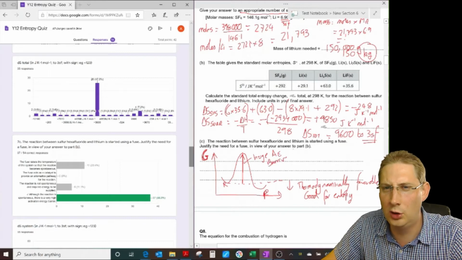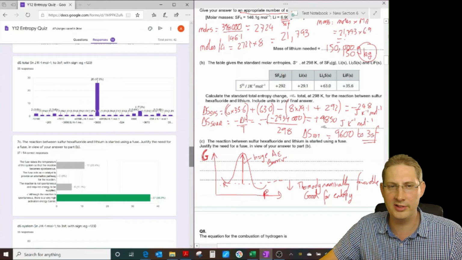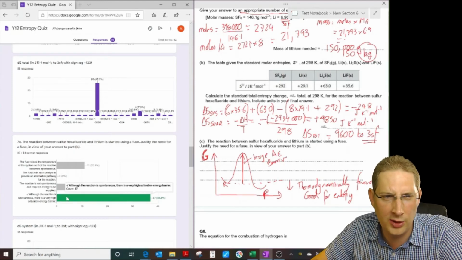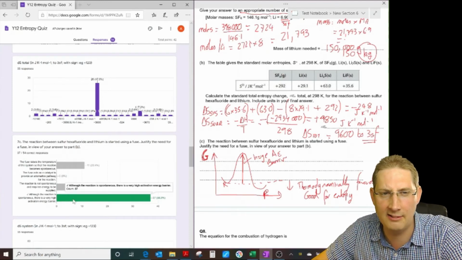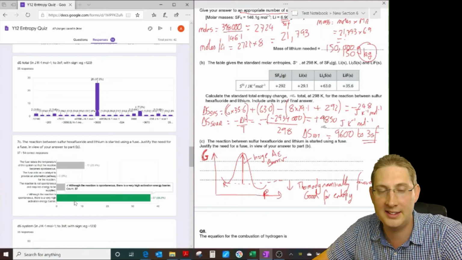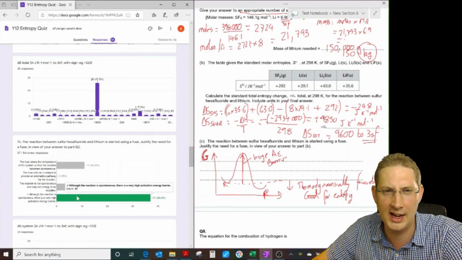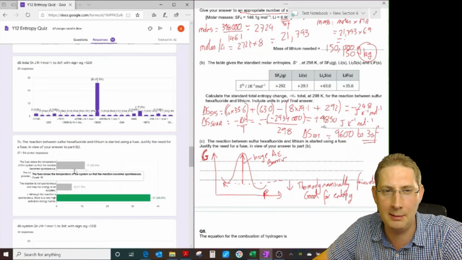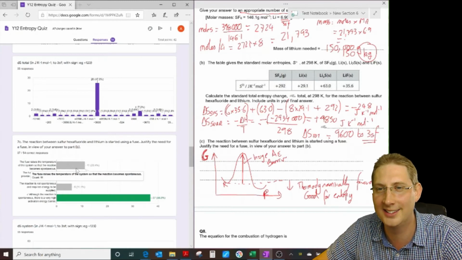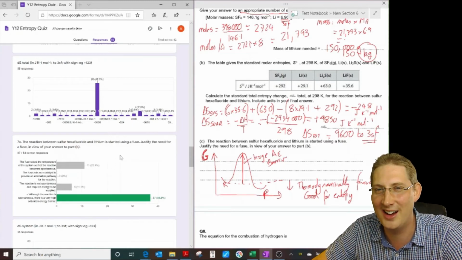And therefore you need a lot of energy to start the reaction off. So although the reaction is spontaneous, there's a very high activation energy barrier. About 70% of you getting that, which is great. Fuse raising the temperature so the reaction becomes spontaneous was a nice try there.